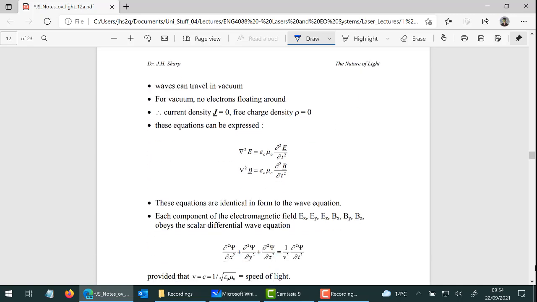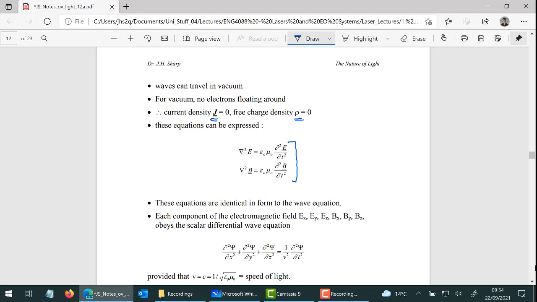Okay. For waves travelling in a vacuum, there's no electrons, there's nothing to conduct, there's no current that can flow, and so the current density J is 0, and the free charge density rho is 0. You can then look at the equations and from them derive an expression which looks like this.